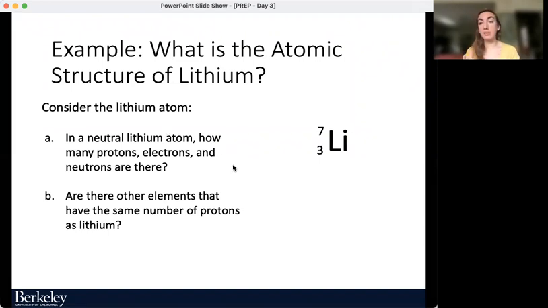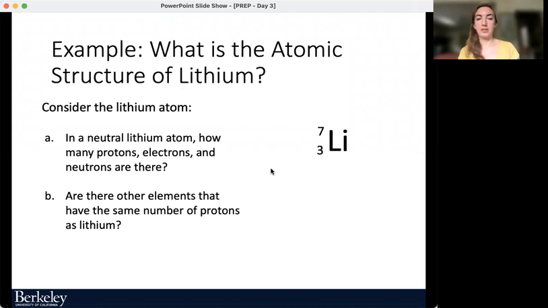An element is just a categorization of atom. So I can have one atom of lithium, and lithium is an element. I can have a whole chunk of lithium metal, and that would be elemental lithium, and it's made up of a whole bunch of lithium atoms. So I hope that makes sense.